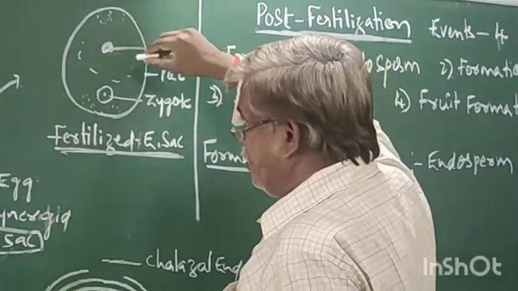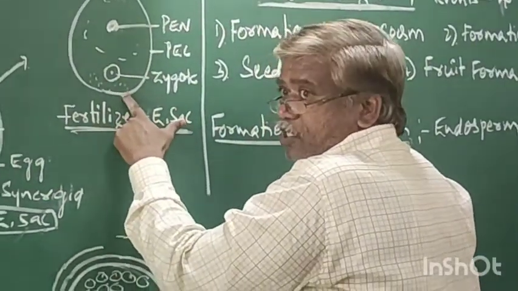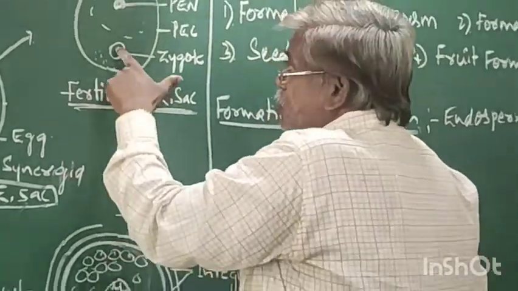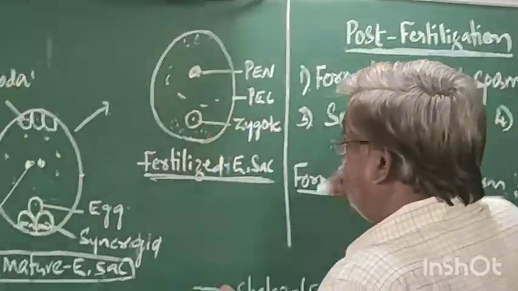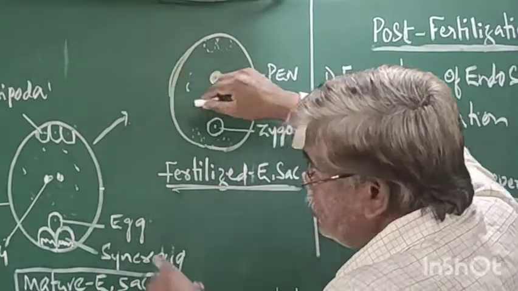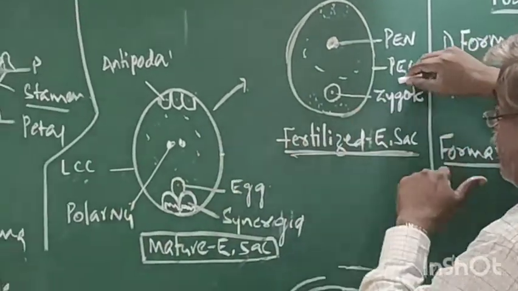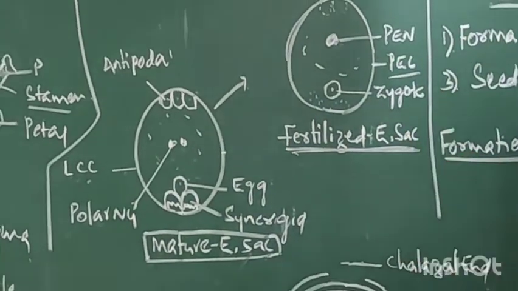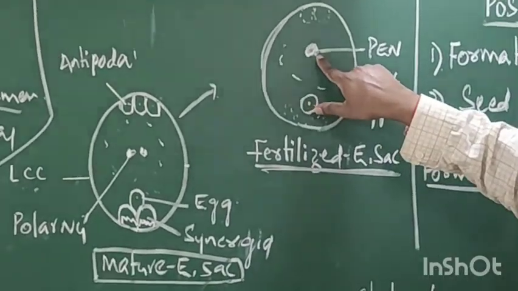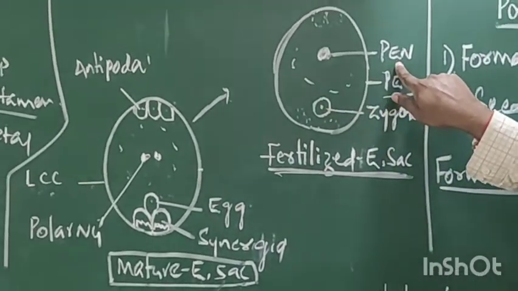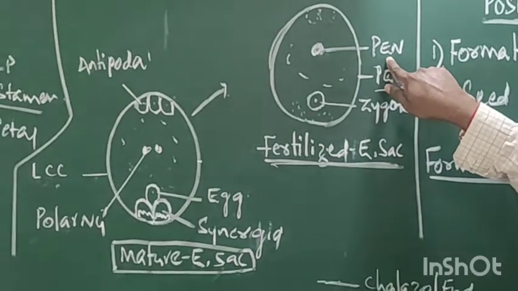Antipodals are degenerated, synergids are degenerated. What remains? Zygote and PEN. Previously it was called LCC, but now it is called PEC. Name this nucleus: PEN, primary endosperm nucleus.